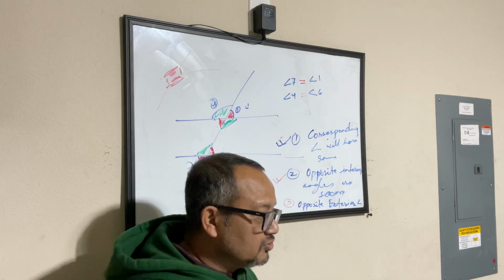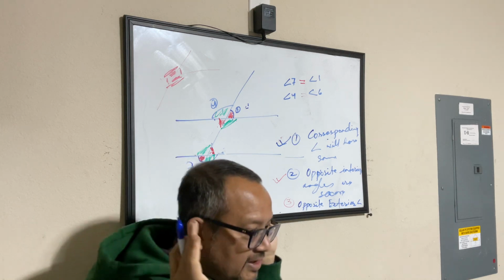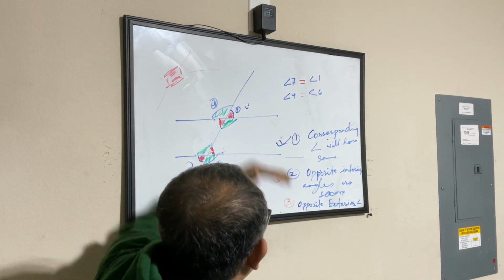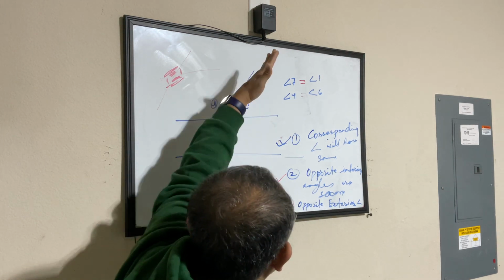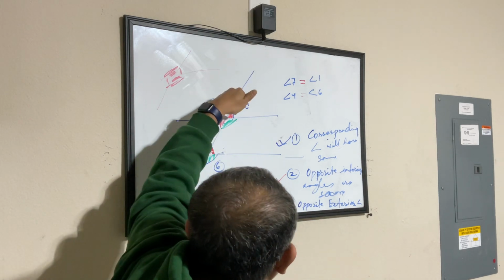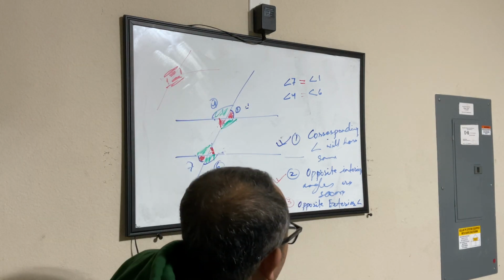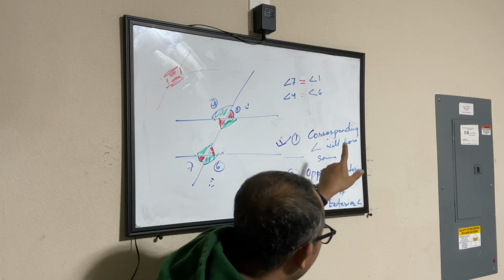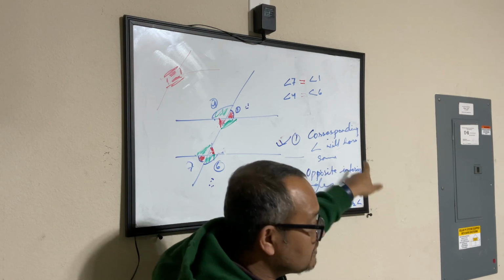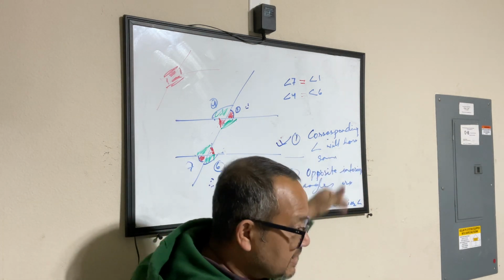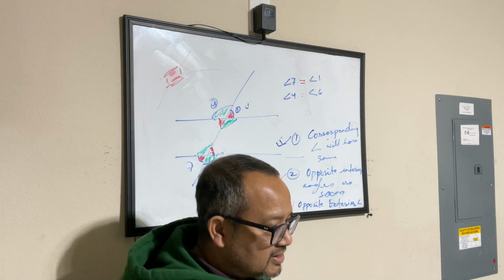These three things you have to keep in mind. Or you can further crunch it and say, if I have a pair of parallel lines and the third line intersects, my corresponding angles will be the same, and opposite interior and exterior angles will be the same as well. Opposite interior and exterior both will be the same. Does it make sense?